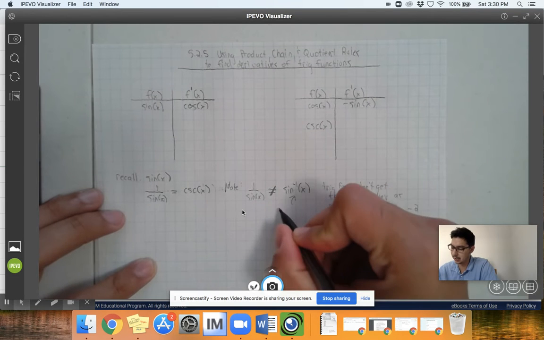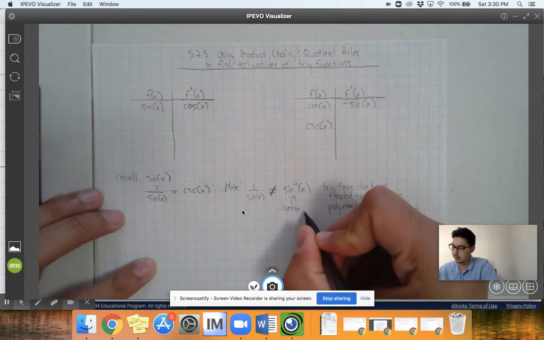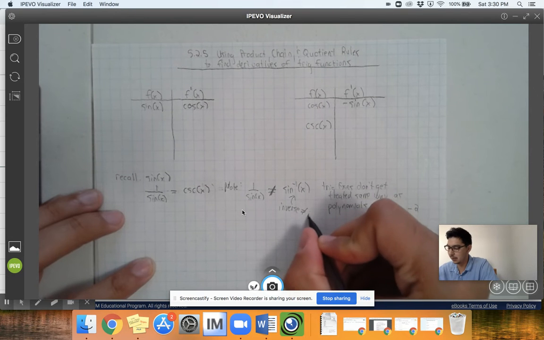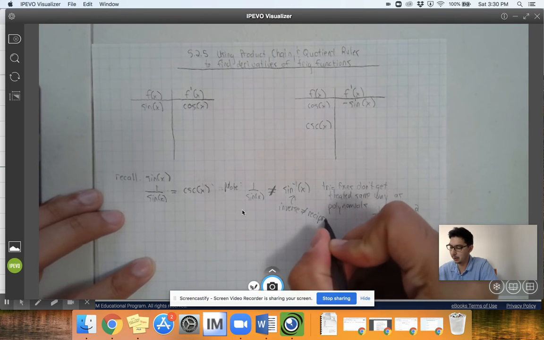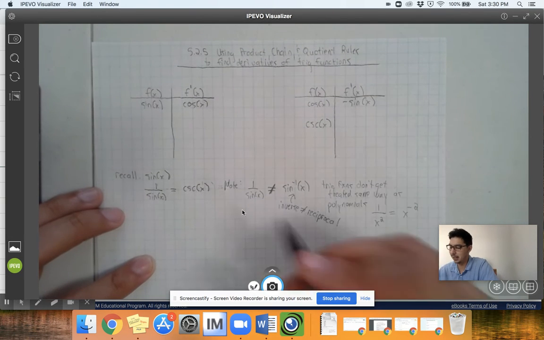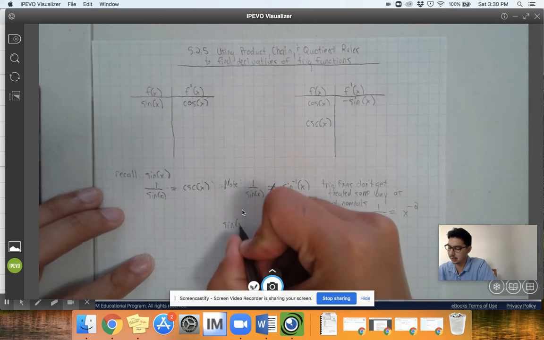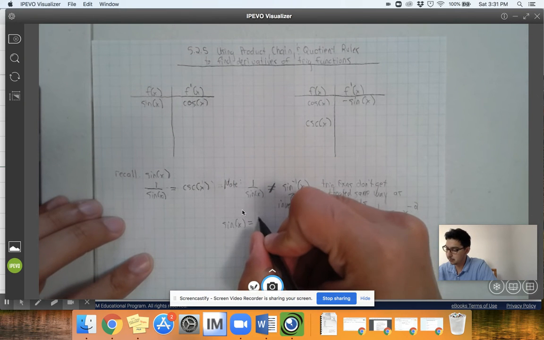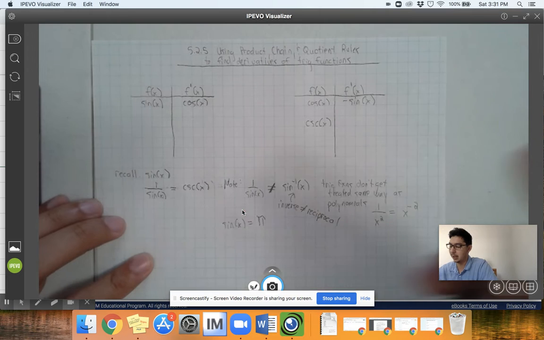This right here is actually the inverse function, which is not the reciprocal, for the trig functions. What I mean by that is, say you had to do sine of x equals pi.